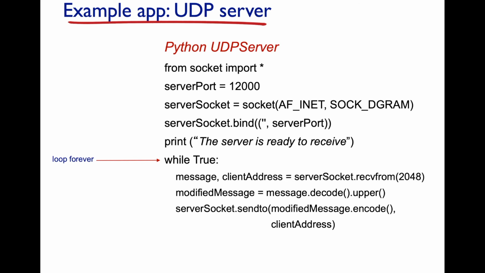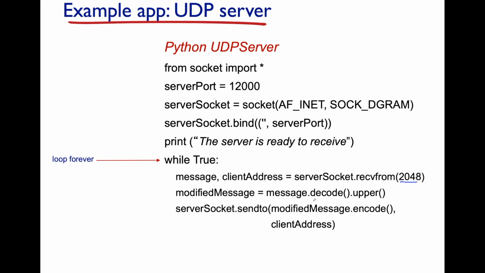And so here we go to the server socket and we do receive from, and we choose a particular buffer size, and that buffer size, 2048, that's 2K, and you specify that buffer because the server-side application needs to know how much space and memory it should allocate in order to store this data that's being read from the socket. And so now you get that information, and you have both the message as well as the address of the client that sent this to you.